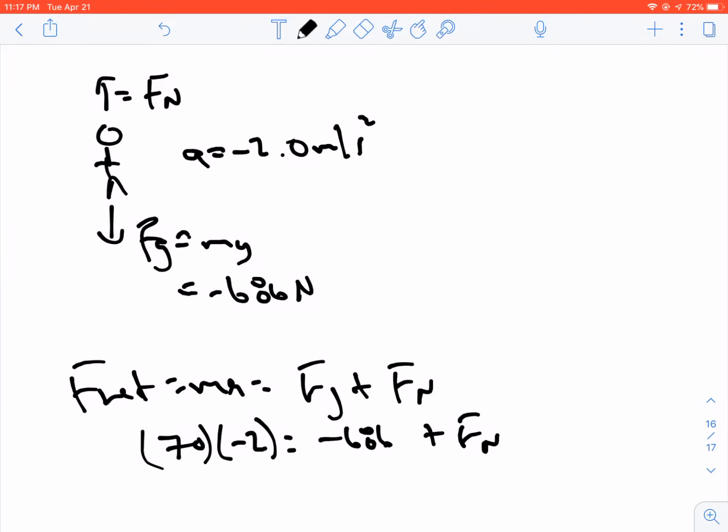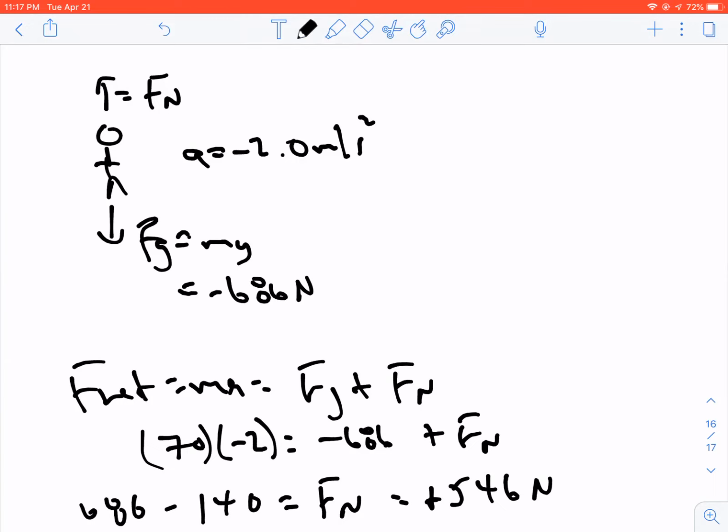So Fn is now equal to, take my negative 686 to the other side as plus 686, and my 70 times negative 2 becomes negative 140. And notice that my Fn, my scale reading now says 546. It has to say positive. You can't have bathroom scales giving you negative answers. That's just, Einstein would have issues with that.